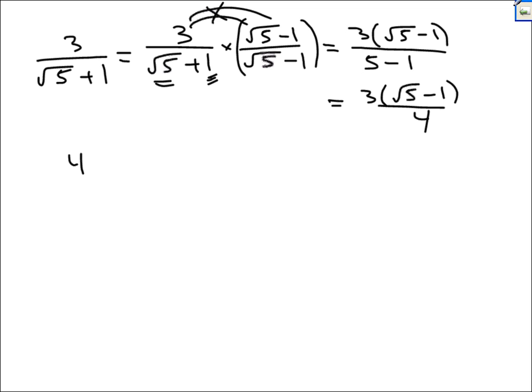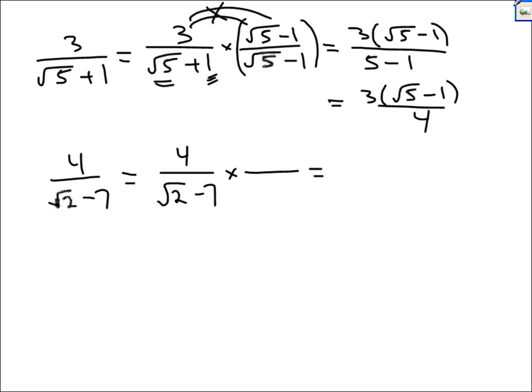You got 4 over the square root of 2 minus 7. Want to change the way it looks. Why is that? You don't want a square root in the bottom. So you multiply by 1.